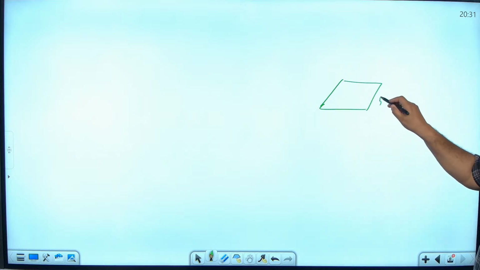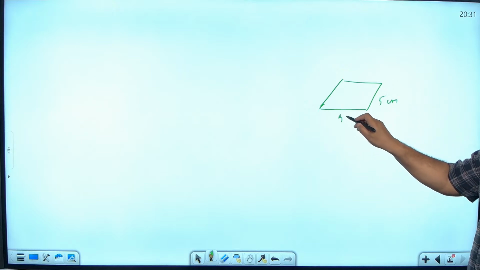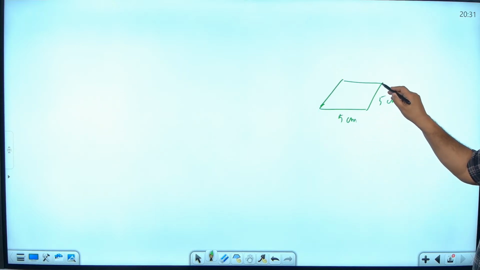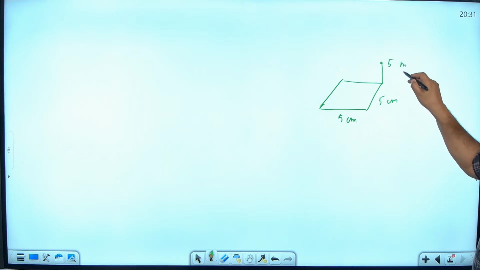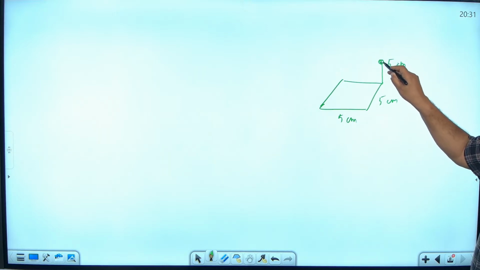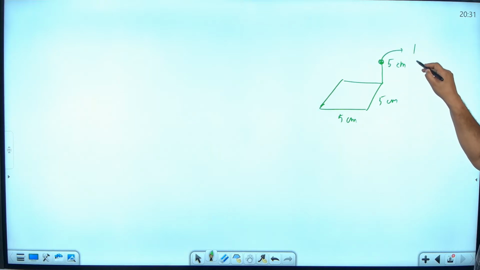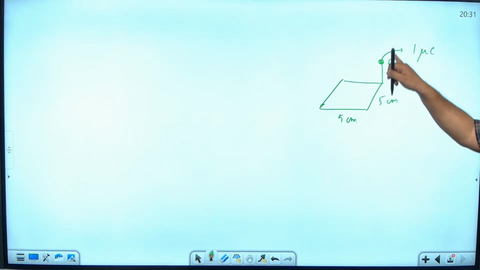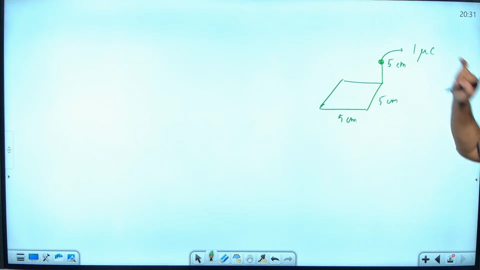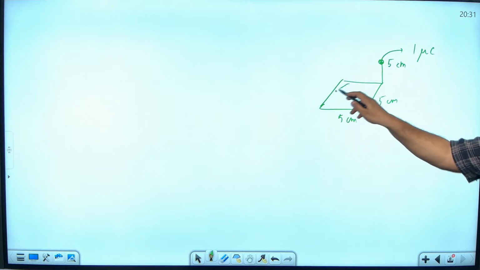This is a 5 centimeter cube, okay, 5 centimeter cross 5 centimeter, and I am placing at 5 centimeter height a charge. Charge value is 1 microcoulomb. 1 microcoulomb charge present 5 centimeter above this point, the edge of the square. What is the flux through this face? What will be the answer?